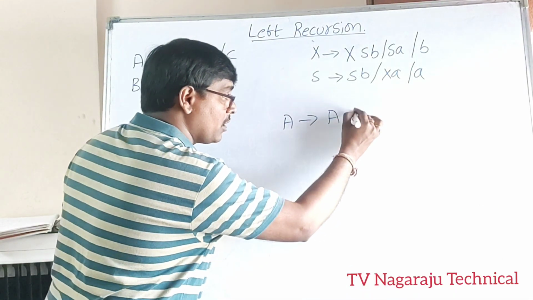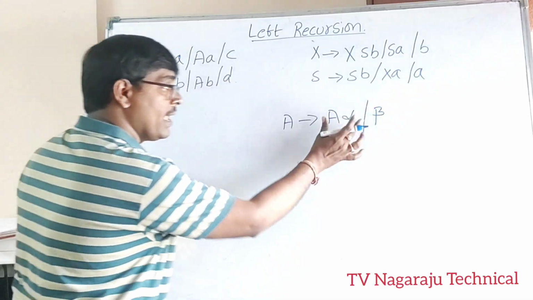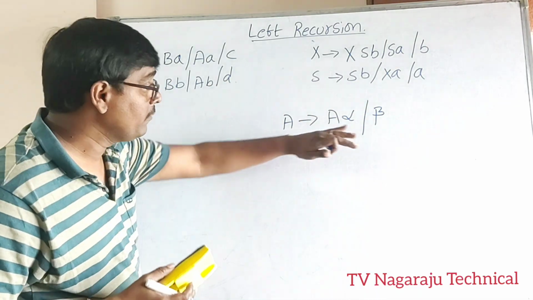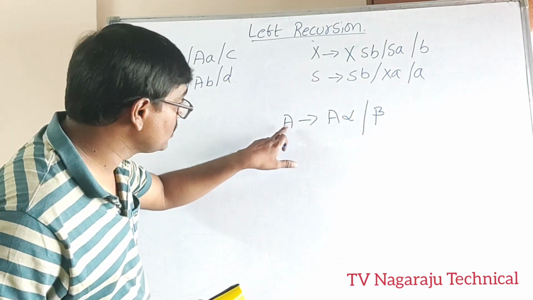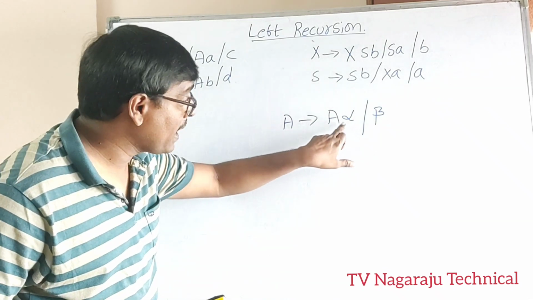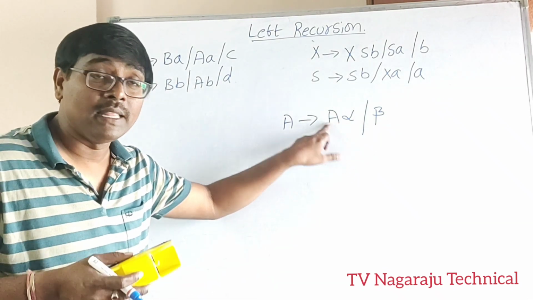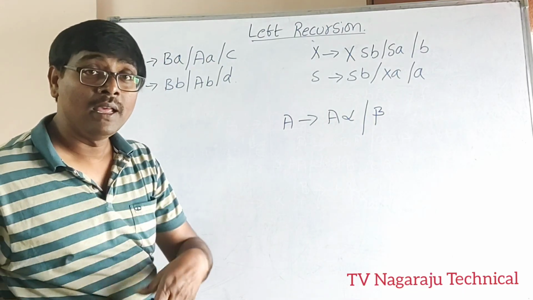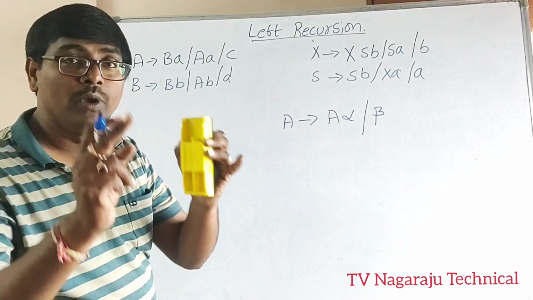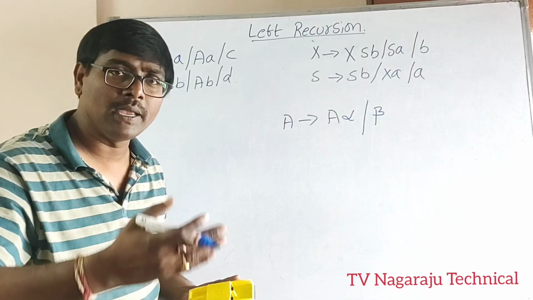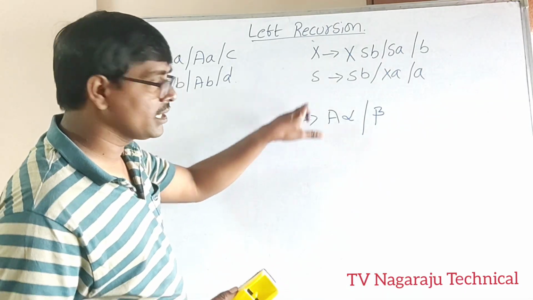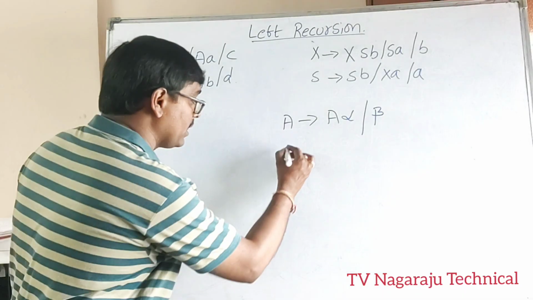If a production is of the form A tends to A alpha beta, that is, the left side of the production matches the leftmost symbol of the right side, then such grammars are left recursive grammars. We need to eliminate it, that means by eliminating the left recursion it is converted into right recursion.